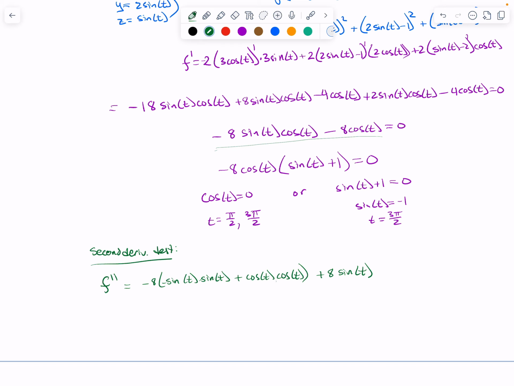And then the way that we're going to do this, let's clean this up a little bit more. This will be negative 8 times cosine squared t plus 8 sine squared plus 8 sine. And so then we're just going to plug in our 2 candidates.